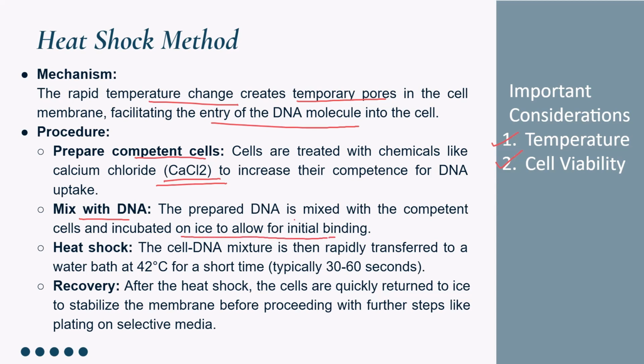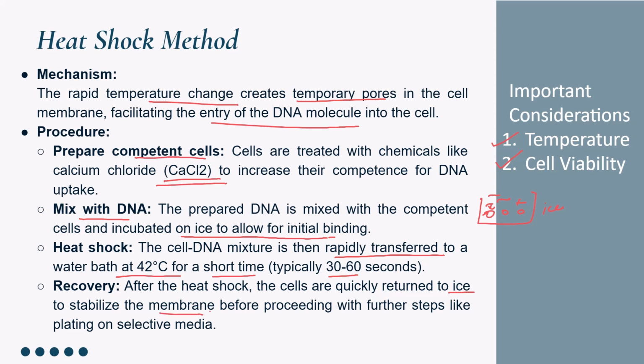So the calcium chloride treated cells will be mixed with the genetic material and incubated on ice for a very brief time. So the initial binding, that is the genetic material, comes in contact with the cells. Okay, that's what happens. And then the cells are rapidly transferred into a water bath at 42 degrees Celsius for a very short time, that is 30 to 60 seconds. And then after that, they are quickly transferred onto the ice to stabilize the membrane.